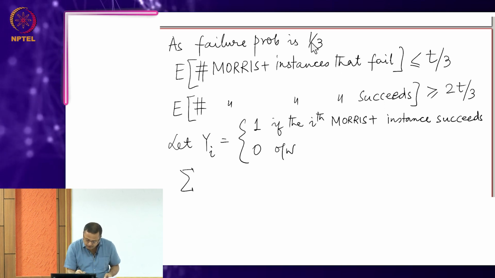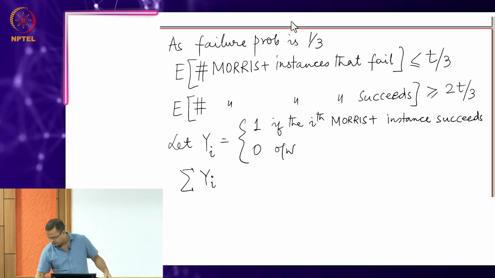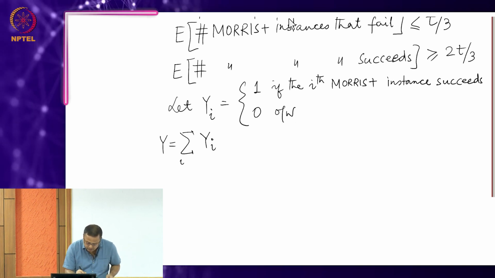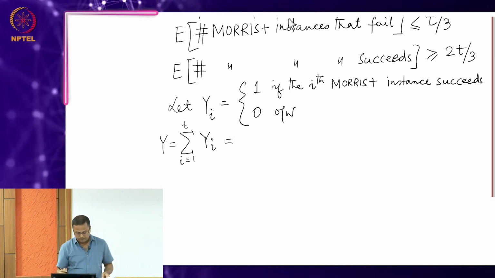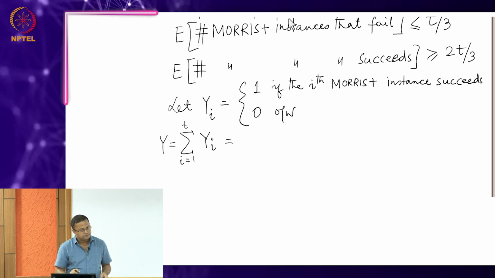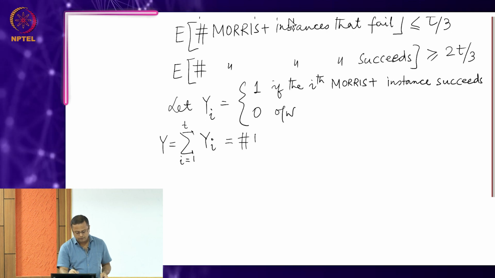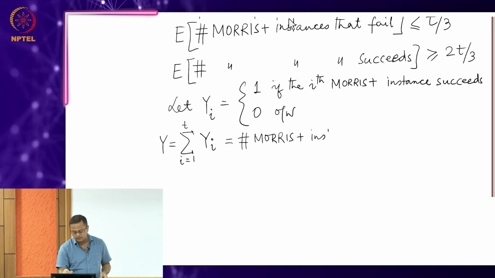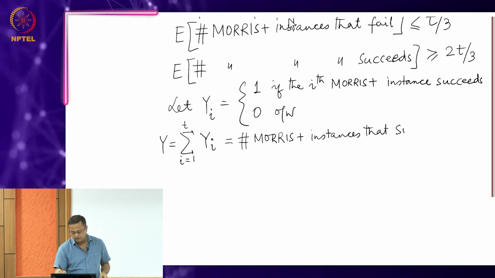And now, if you look at summation yi, what is this one? This is the number of Morris plus instances that succeeds.